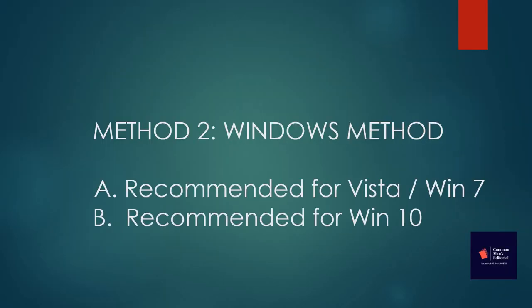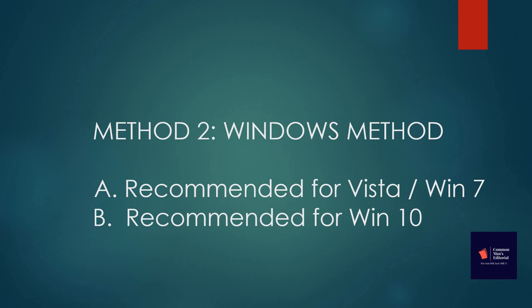So let me jump into the next method, the Windows method. The Windows operating system within itself has certain methods to clear out temporary files, unused files, cached files, etc. Within this Windows method, there are two options. The first option which I'm going to show you is recommended for Vista or Windows 7.